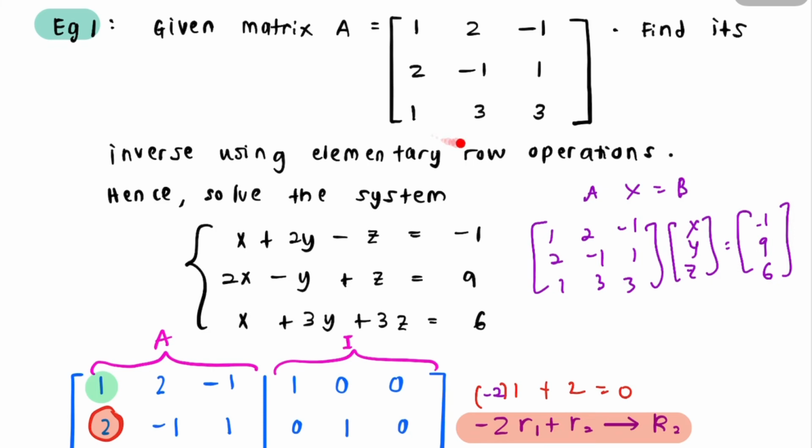This is matrix A. So let's just use the method of A inverse here. This is very important. You have the word hence here. Since we have found just now the inverse, therefore the only way for you to solve this question is using the inverse. You cannot use Gaussian, Gauss-Jordan, or any other method because you have the word hence here.